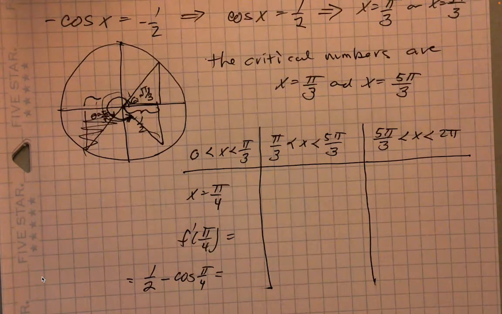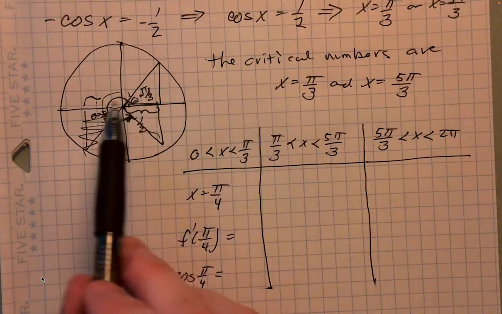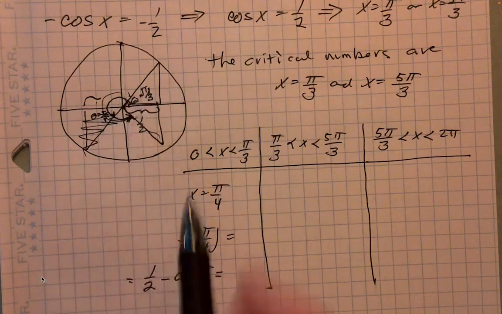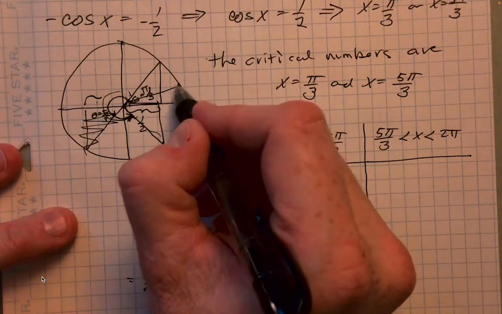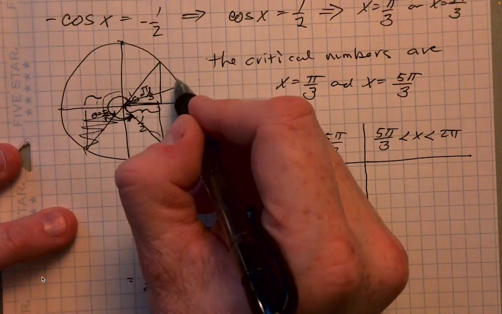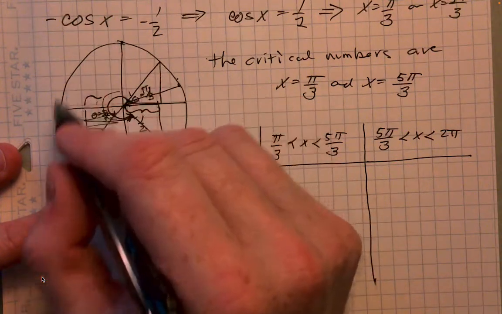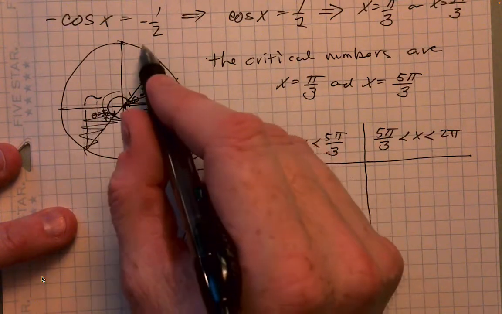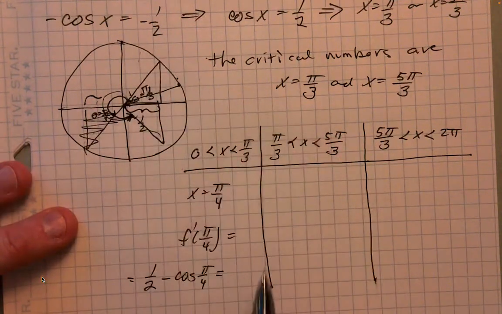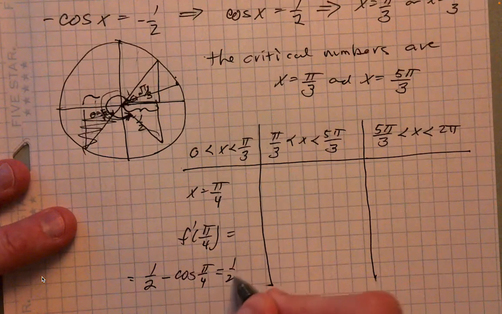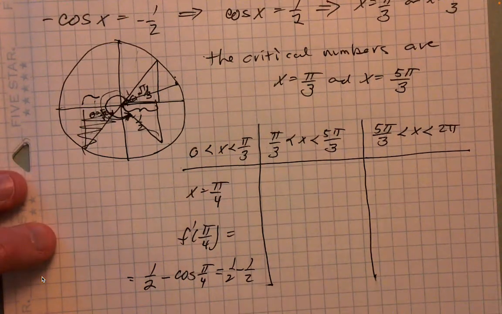Okay, and what do you get? Well, cosine of pi over 4, let's see, that's going to be when you're right about here. That one should be a little higher. So pi over 4. So I think it's going to be 1/2, right? So 1/2 minus 1/2.